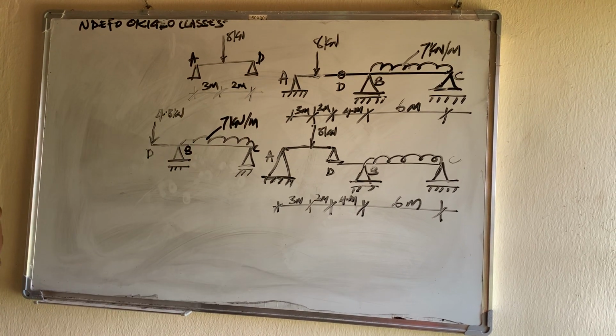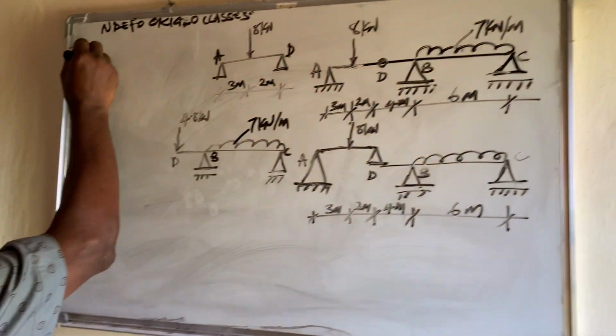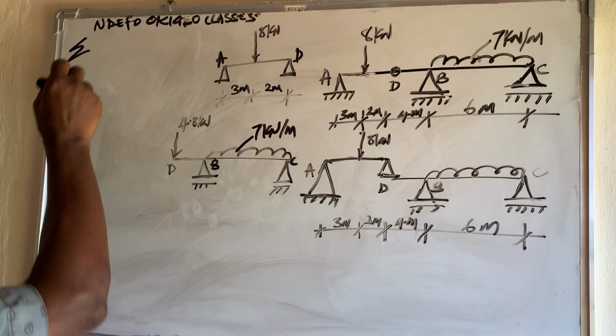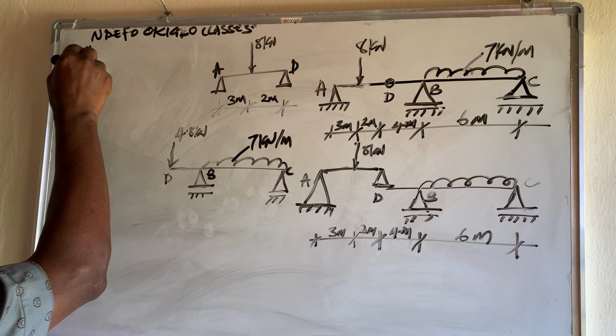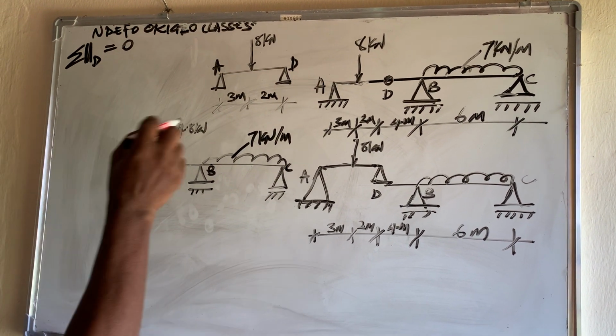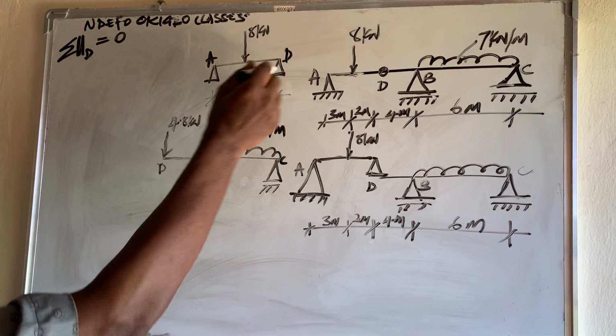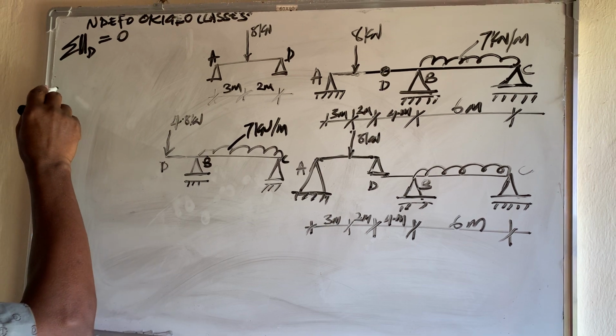So if I want to deal with AD now, I get the reactions. I want to get reaction A, so I take moment about point D. Total moment about D is equal to 0. That means I have 5, because the distance from A to D is 5, 3 plus 2.